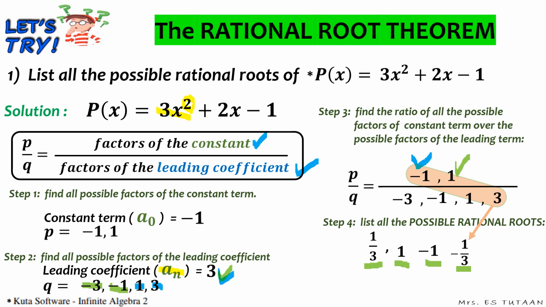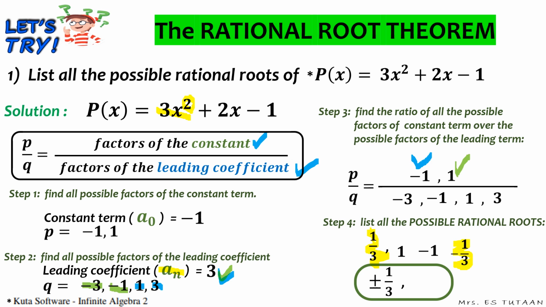So, to make it a simplified form of the possible rational roots, gagamit tayo ng simplest symbol for positive and negative. So, itong dalawa, itong 1/3 natin, saka itong negative 1/3 natin, simplify natin siya using positive negative 1/3.